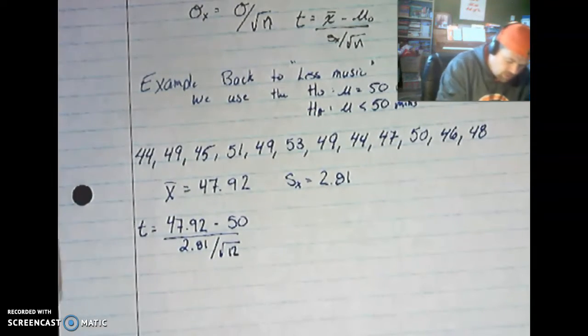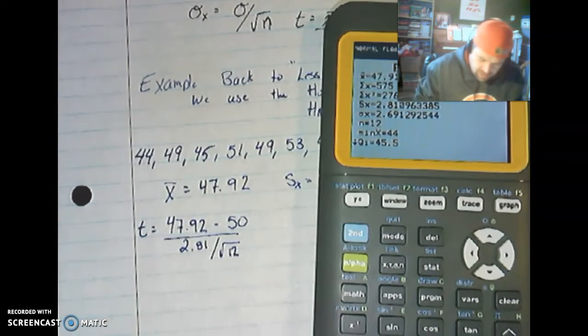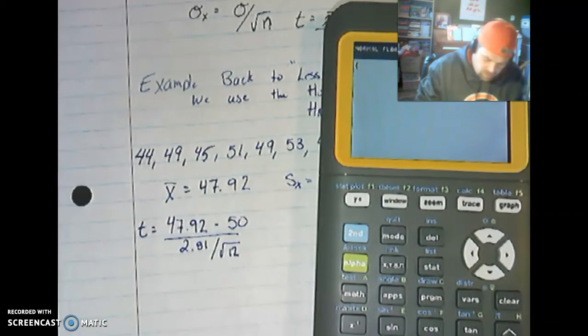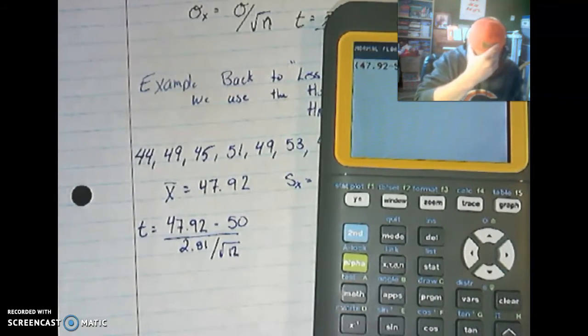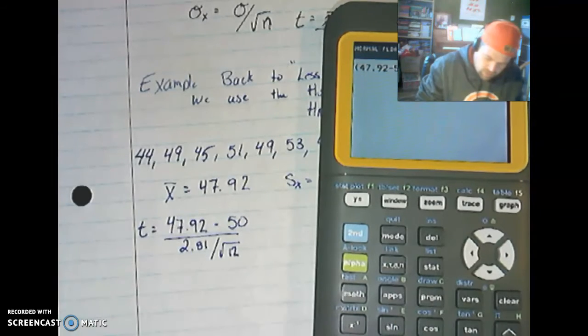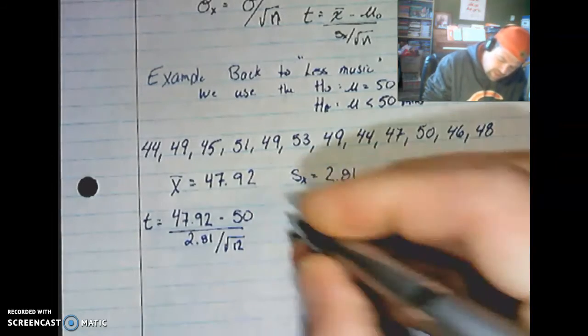Typing that into my calculator, 47.92 minus 50 divided by 2.81 divided by the square root of 12, we get negative 2.56.